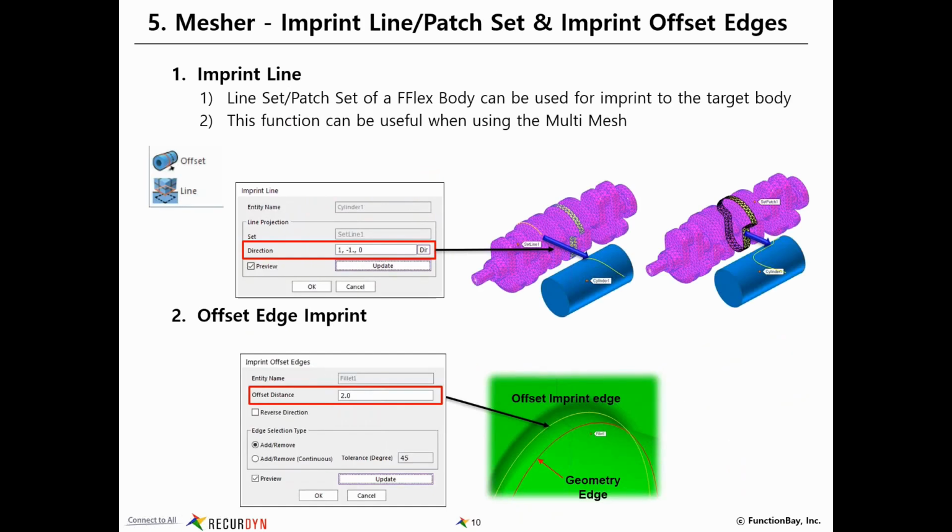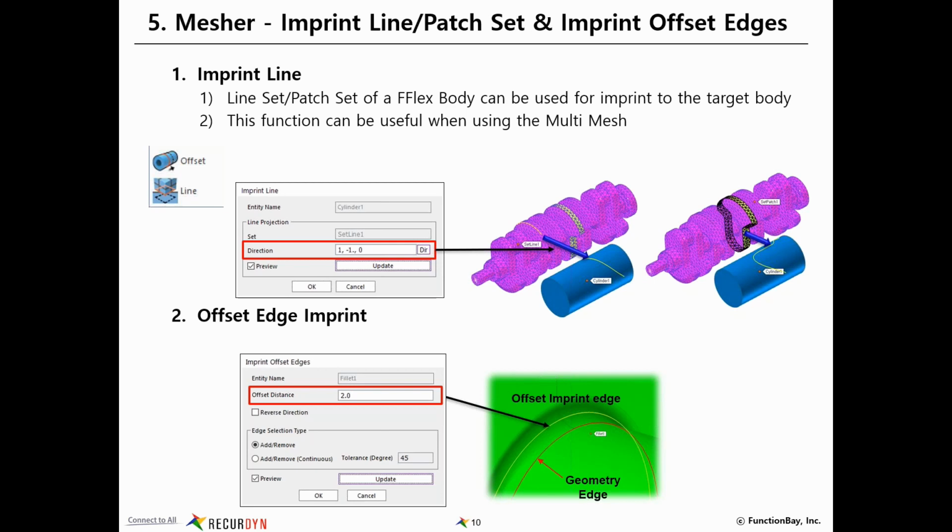And now going into this imprint line and offset edge imprint. When you have multiple bodies, this is especially useful when you're using the multi-mesh, which we'll talk about on the next slide. But when you have multiple bodies, there are often features from one piece of the geometry that you want to include on the second piece of geometry, so that they are specifically included on your mesh.